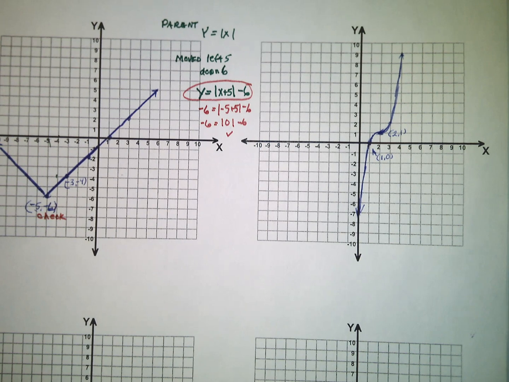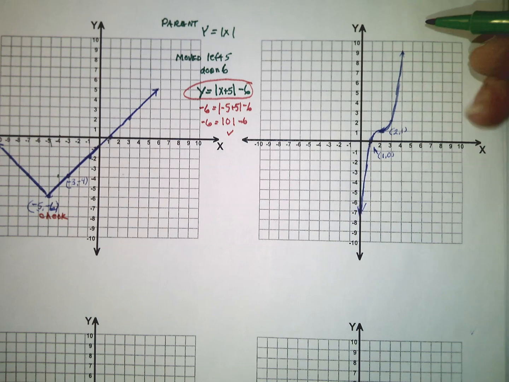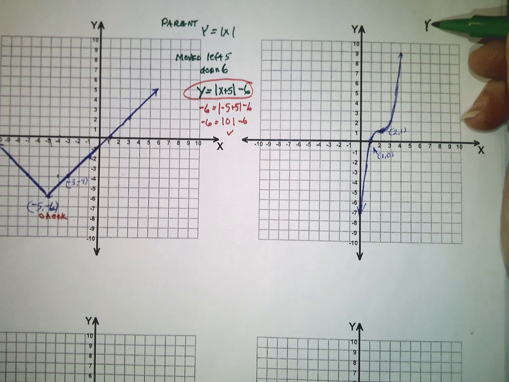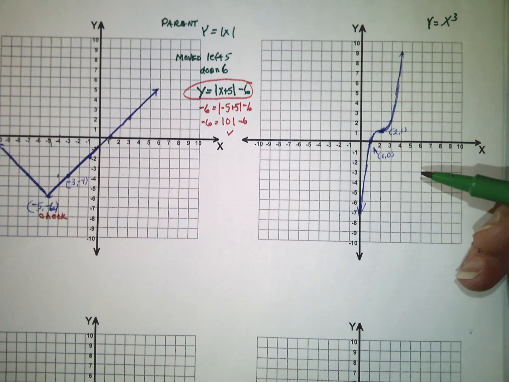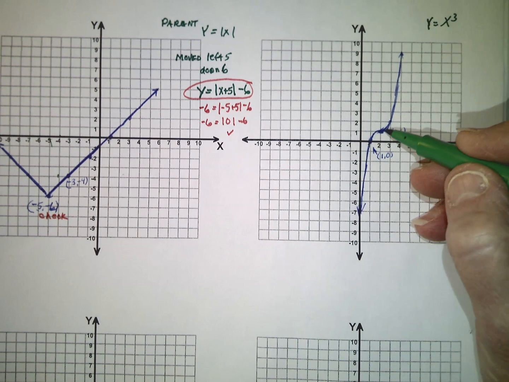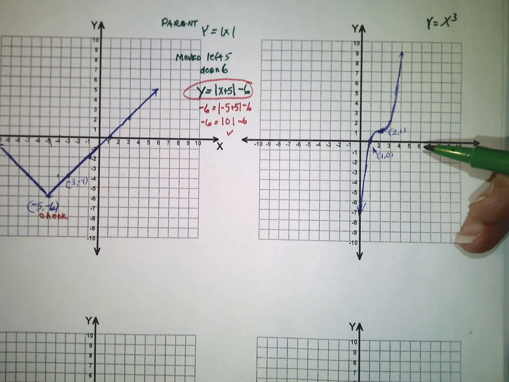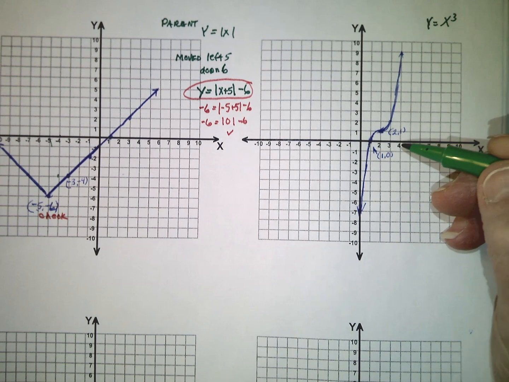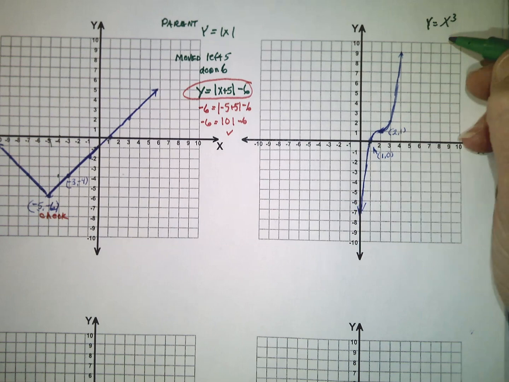On the next one, after all the time we spent on polynomials, this parent graph was y equals the cube of x. Now this is a positive cubic, but normally it takes this little twist here at the origin. It's taking its little twist at the point across 2, up 1.